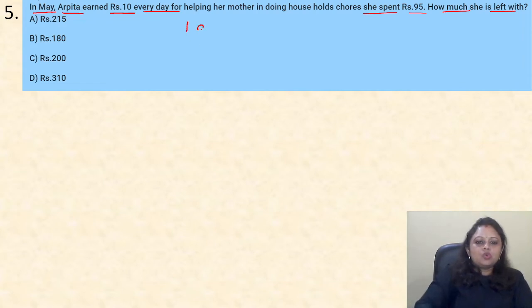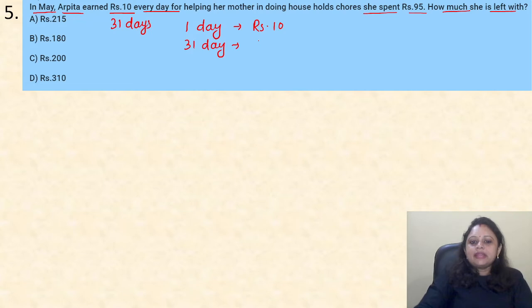Okay, so every day, that means in one day she is earning rupees 10. Okay, and in the month of May, 31 days are there, right? So if one day she is earning rupees 10, then in 31 days she will earn rupees 31 into 10, that is rupees 310. Now she has spent rupees 95.